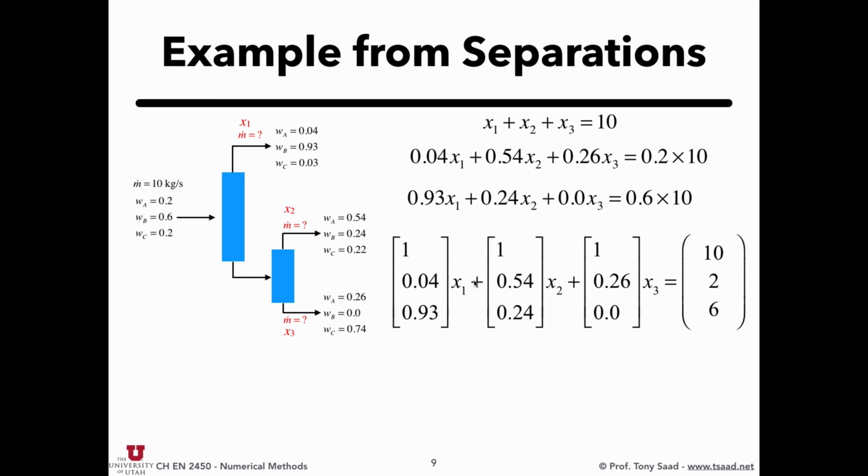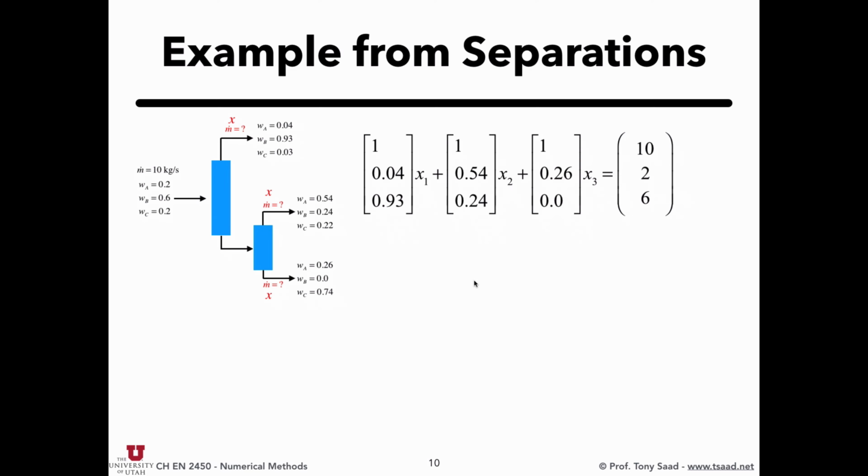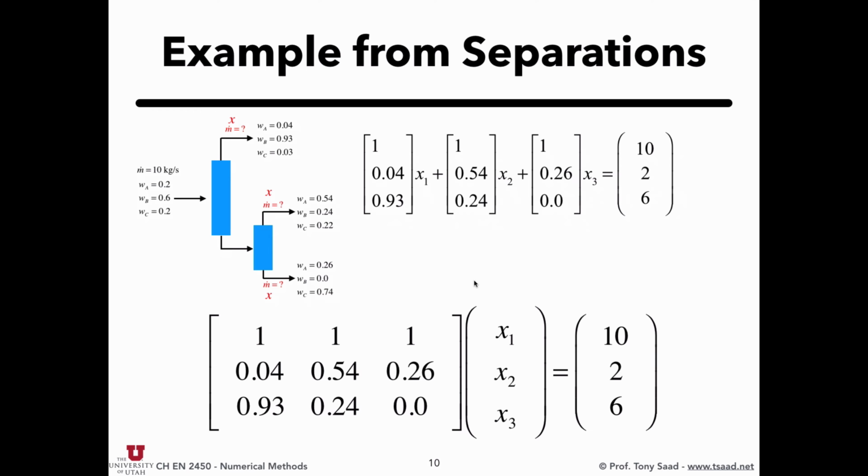Now that's important because my goal is to write this in a matrix format. And when you look at this, that can be turned into a matrix vector notation. If you do not remember your linear algebra, your matrix vector multiplication, please get a refresher as soon as possible. On my website, there's a link to a resource where you can review your basic linear algebra and remember how you do matrix vector multiplication.